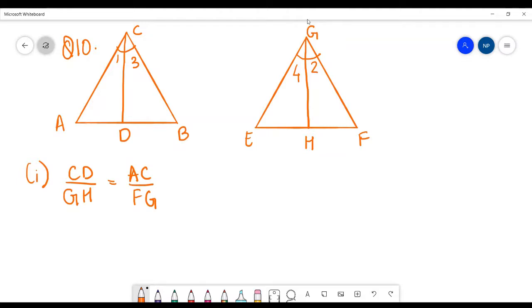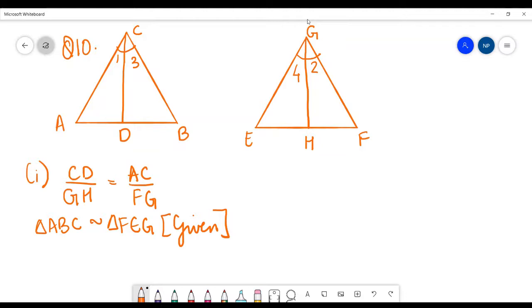So let us start with the first part. We will write triangle ABC is similar to triangle FEG. This is given in the question, right? Triangle ABC is similar to triangle FEG.